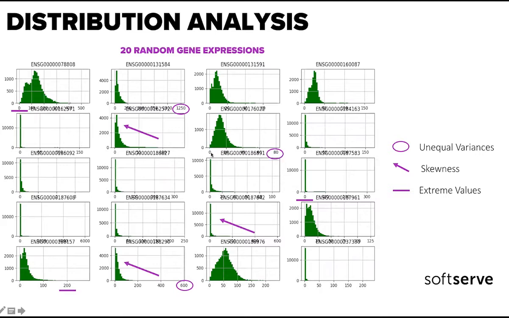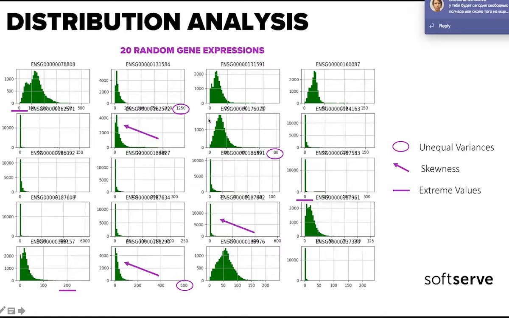We also see that all of the histograms are skewed to the left, which also differs from the histograms we should be getting from normally distributed data. And we also can see that we have extreme values. Gene expression data cannot be negative, so for all of the genes, the minimal value is 0.